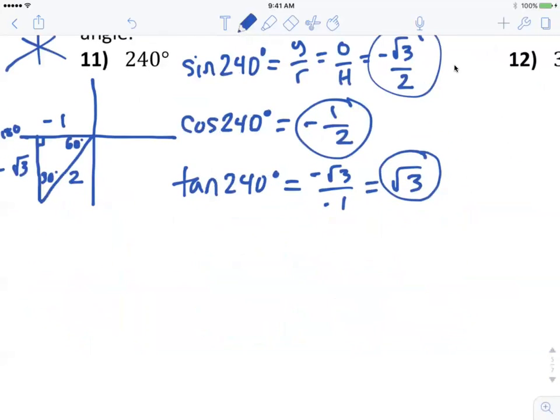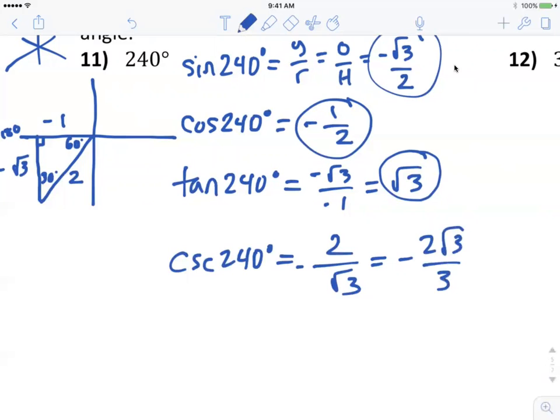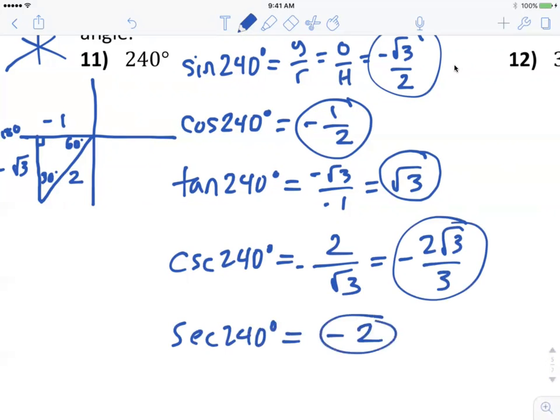That's the hard work, right? The rest are just reciprocals, so the only thing you'll have to do is maybe some rationalizations. The cosecant of 240, you're just going to flip over the sine and then rationalize it. The secant of 240, flip over the cosine, it's going to be negative 2. I don't need to write the 1 in the denominator.